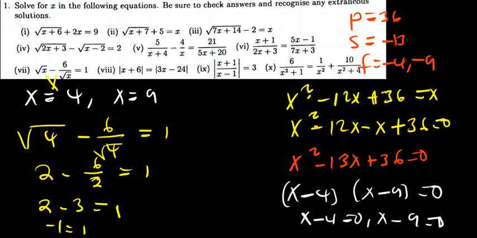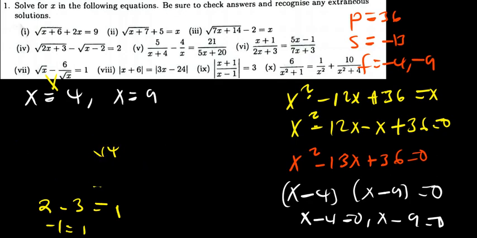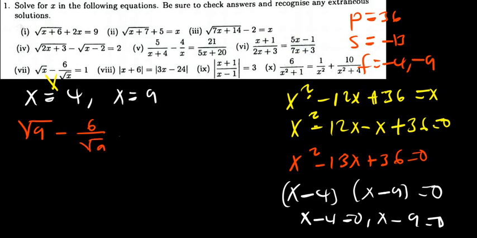Let's try 9. The square root of 9 minus 6 over the square root of 9 is equal to 1. So this will be 3 minus 6 over 3, since the square root of 9 is 3, is equal to 1.